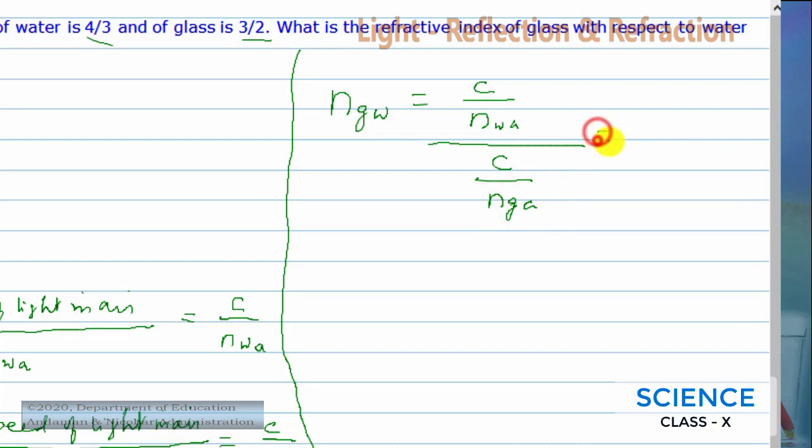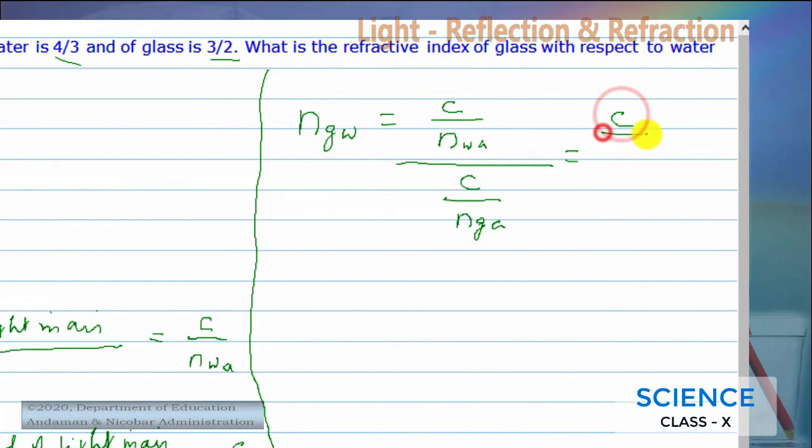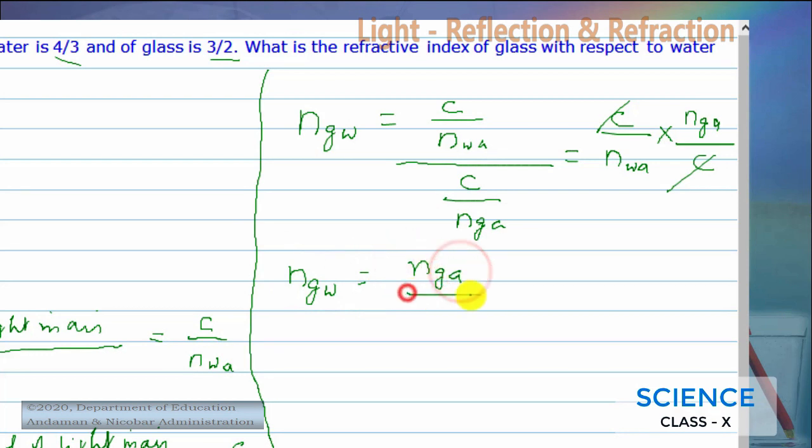By solving this, what will we get? c by NWA multiplied by, this goes up, NGA divided by c. So here c and c get cancelled. So we can write NGW is equal to NGA divided by NWA.